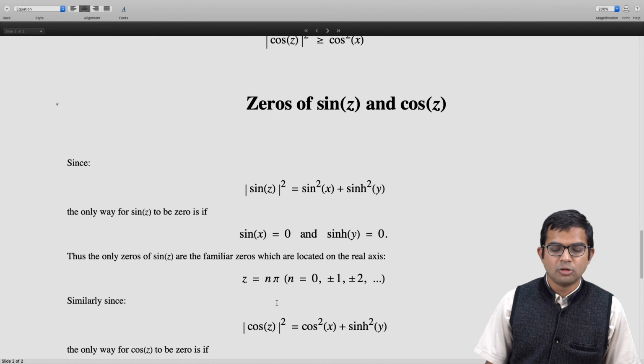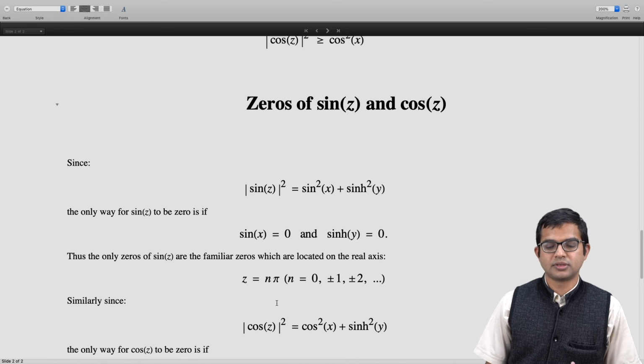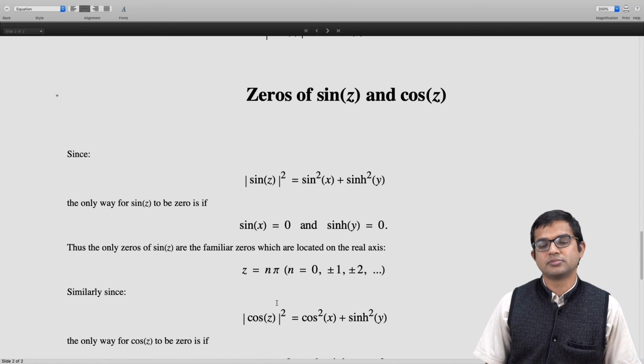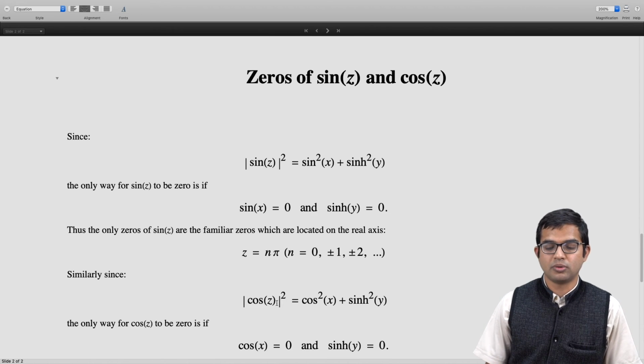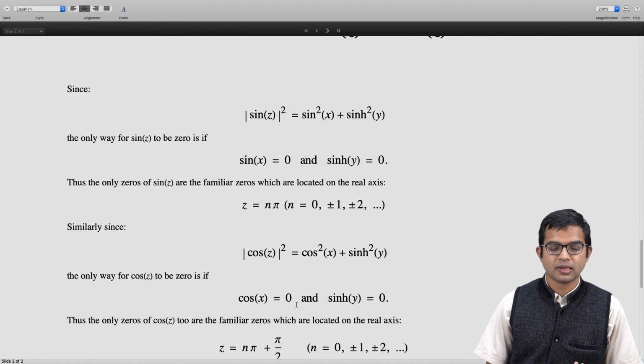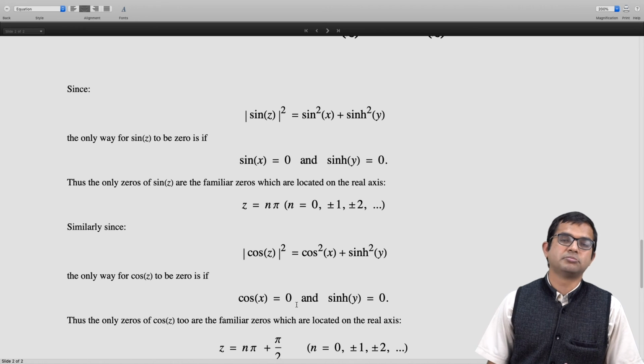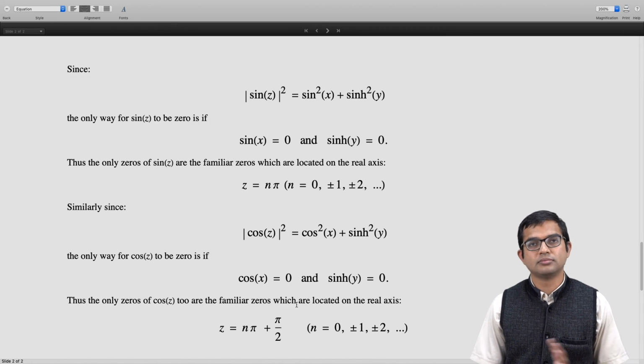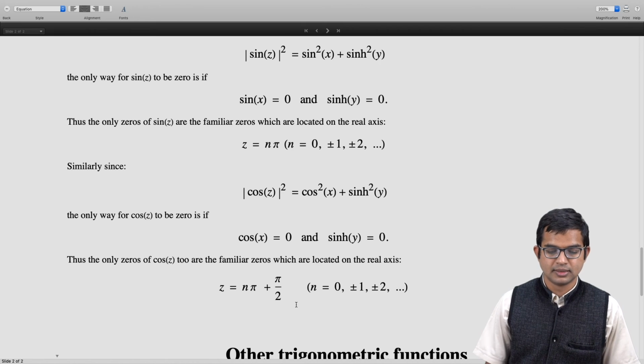And likewise, mod of cos z squared, if this is going to be 0, then cos squared of x must be 0 and hyperbolic sine squared of y is 0, and therefore y must be 0 and cos x is 0 implies you again get these familiar zeros. So z is equal to n pi plus pi by 2, where n is an arbitrary integer.